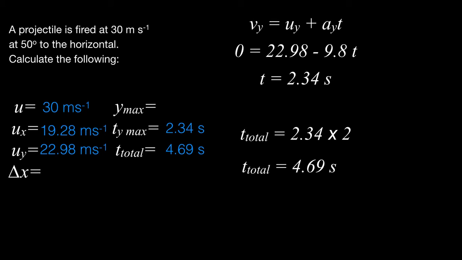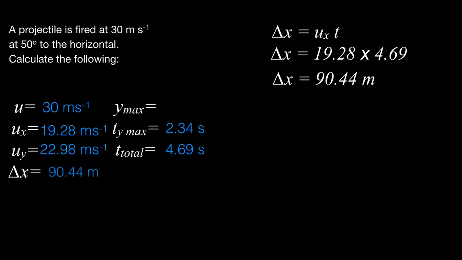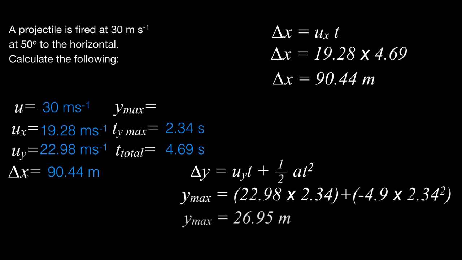Using the total time, we can then calculate the change in x using our original ux value, and we'll get 90.44. And using half the total time, that's that original value with the ty max, 2.34, if we put that into our delta y equation, we can find out the max height.